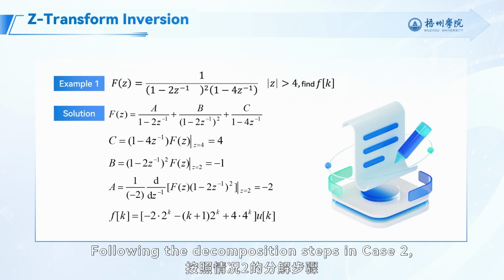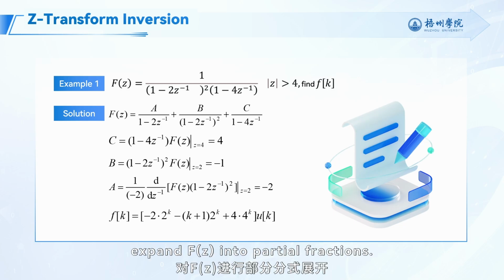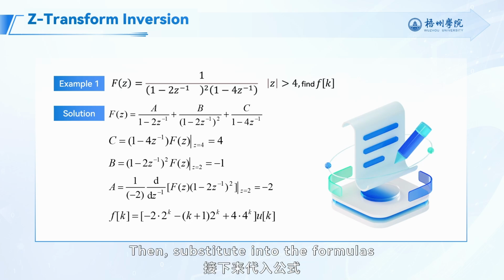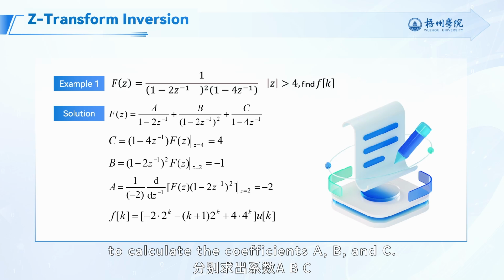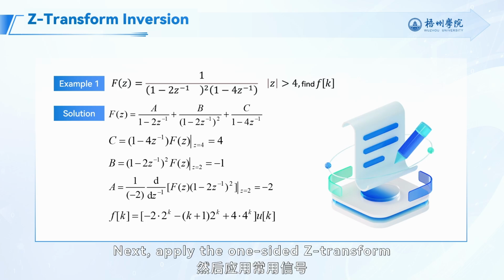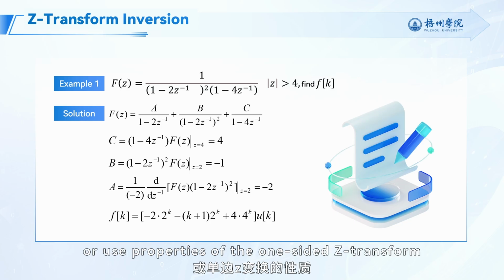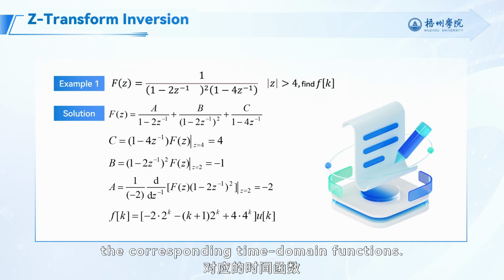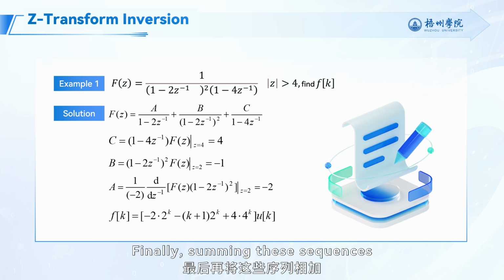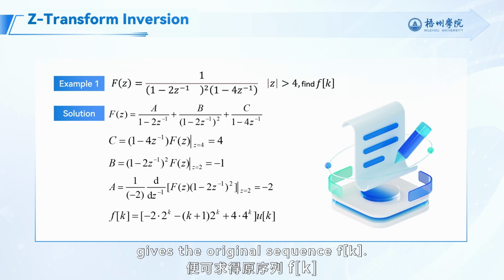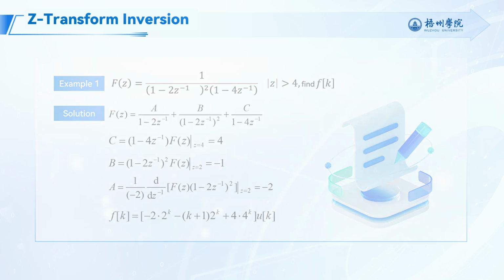Following the decomposition steps in case 2, expand F(z) into partial fractions. Then substitute into the formulas to calculate the coefficients a, b, and c. Next, apply the one-sided Z transform of standard sequences, or use properties of the one-sided Z transform to directly find the corresponding time domain functions. Finally, summing these sequences gives the original sequence f(k).